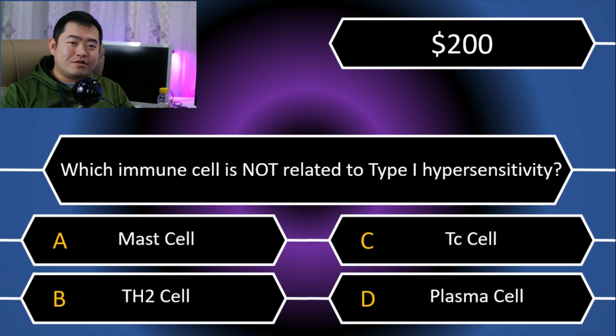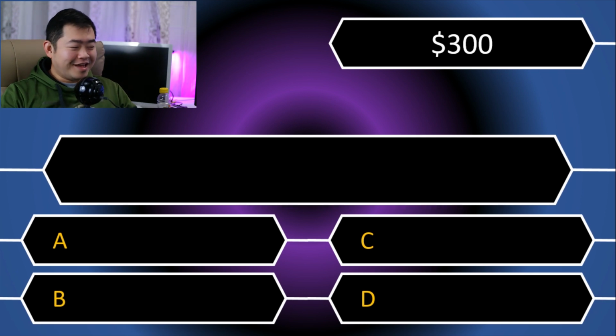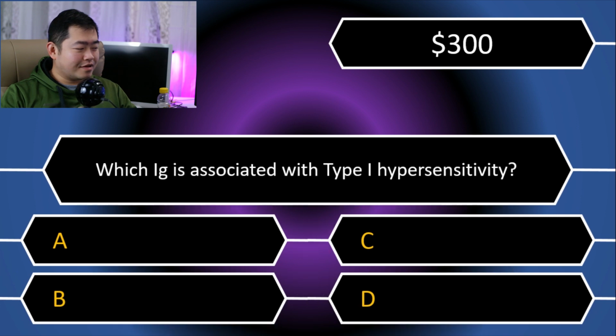Alright, do you have a final answer? Are you sure it is C? Alright, final answer, C. Cytotoxic T cells are not related to type 1 hypersensitivity. Congratulations, you've won $200.